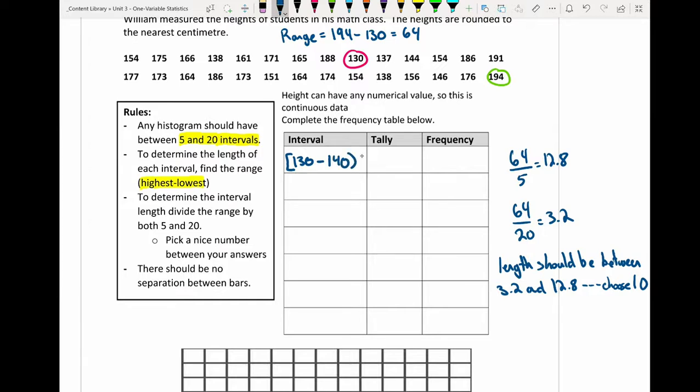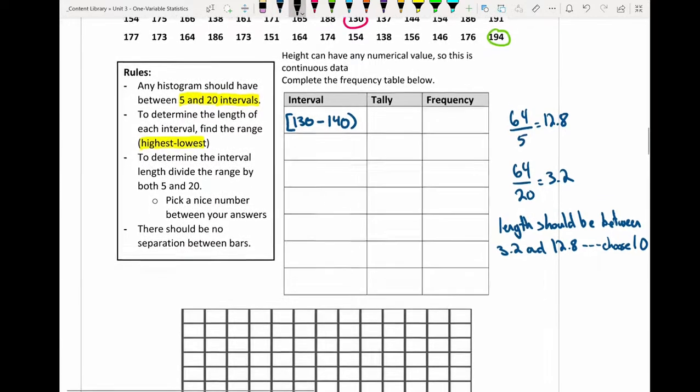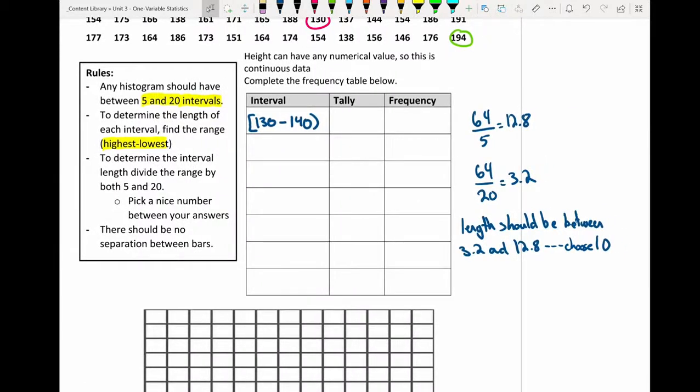I am going to use a square bracket at the front and a round bracket at the end. One thing to note: a square bracket includes the number, and a round bracket does not include the number.